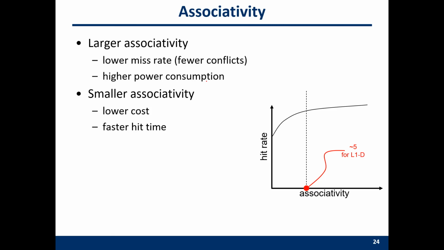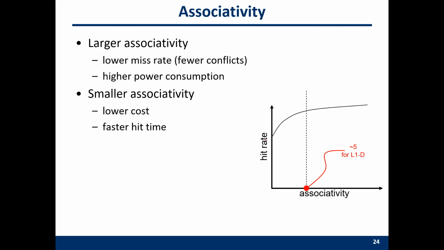But again, each time you have to compare many more tags, so the power consumption is larger. With a larger set associativity, your set associative cache is more like a fully associative cache. With a smaller set associativity, your cache is more like a direct mapped cache.